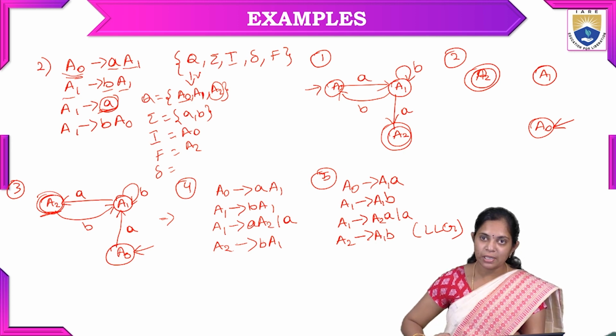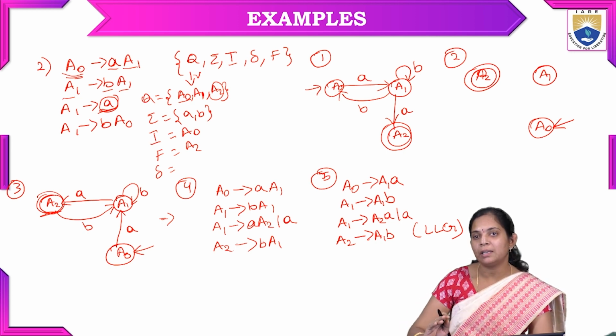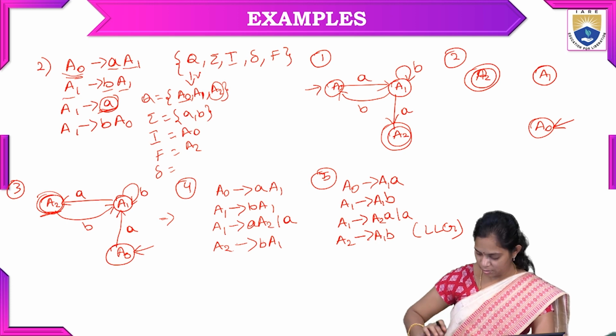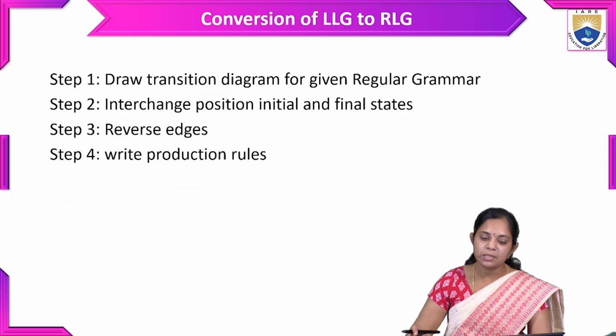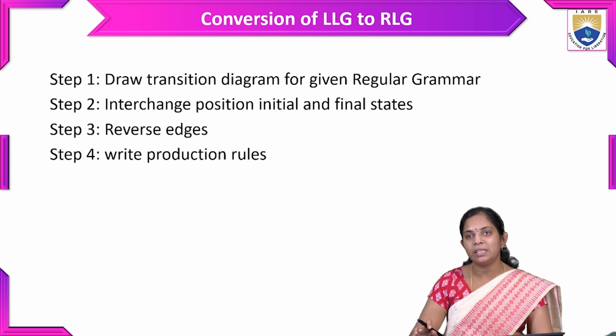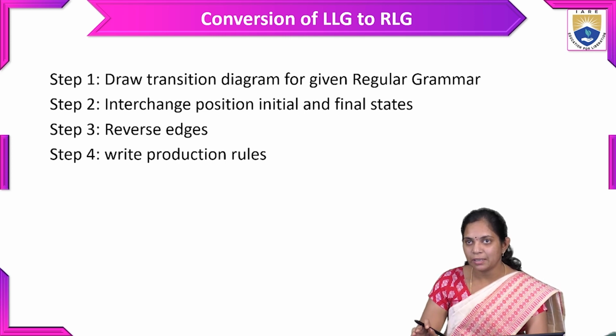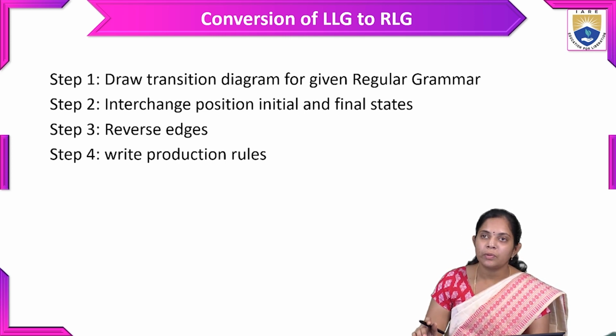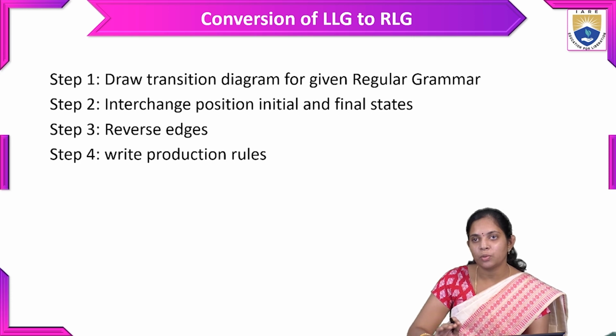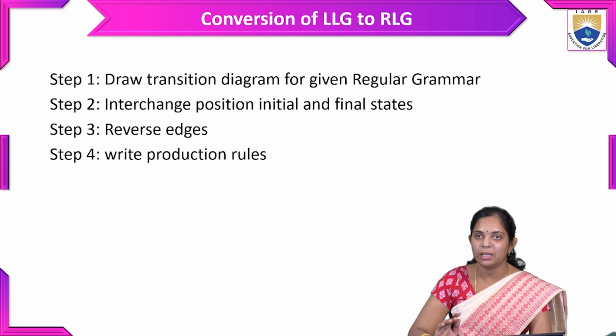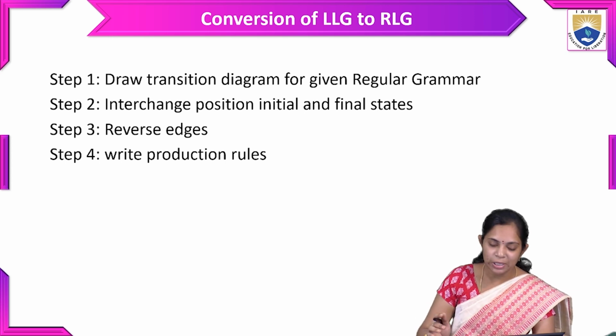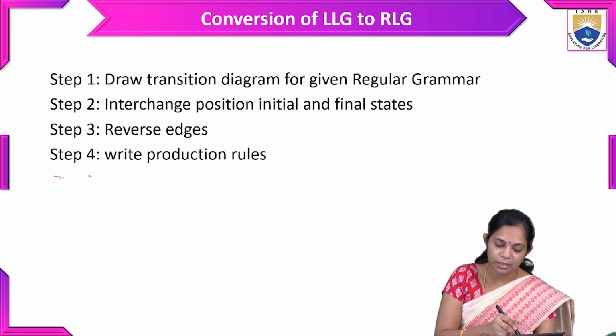There is an equivalence when we convert from one regular grammar to another regular grammar. So what is the conversion of a regular left linear grammar to a right linear grammar? We have to repeat the same steps: how to construct a transition diagram, and how to construct a left linear grammar from the given regular grammar. Here the only difference is that we leave out the fifth step.